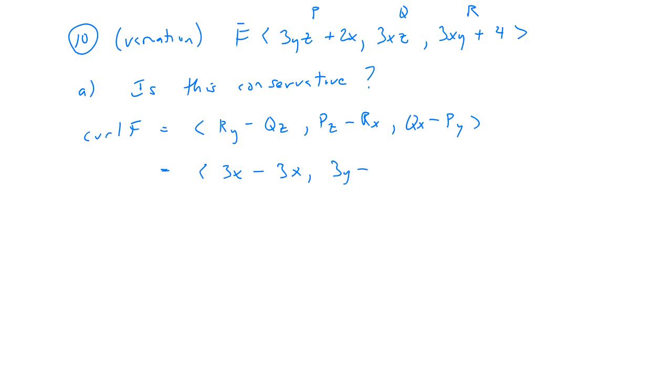Derivative of r with respect to x is 3y. Everything's 3y. Derivative of q with respect to x is 3z. And derivative of p with respect to y is 3z. There. It is conservative.